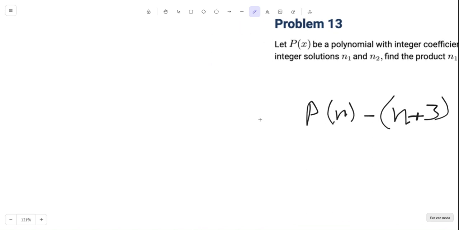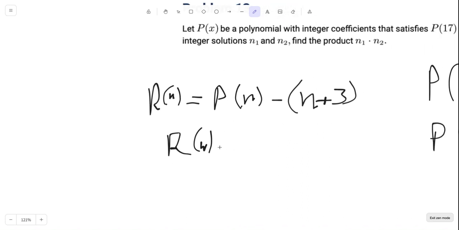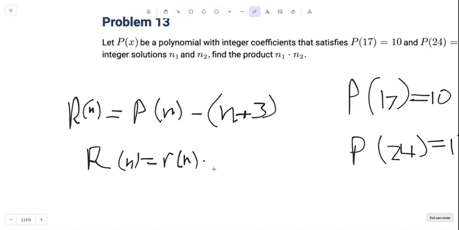If we let this be r of n, then r of n will have two roots, so it's small r of n times x minus n1 times x minus n2.